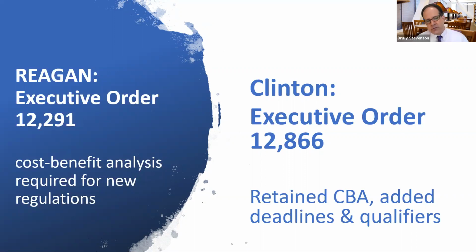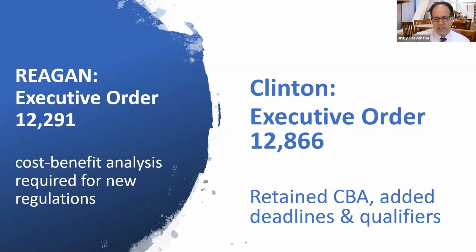And also there are some qualifiers, like when we look at the benefits and costs, we not only have to look at dollars and cents, but we can also look at things like issues of equality and fairness and environmental concerns and aesthetics and things like that.